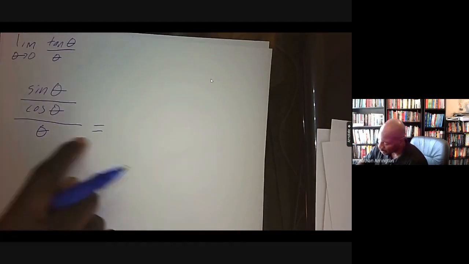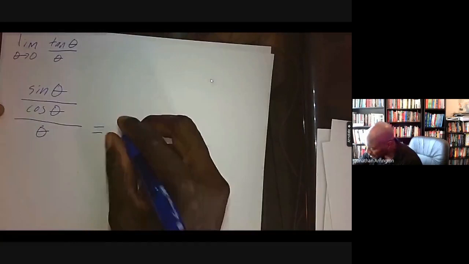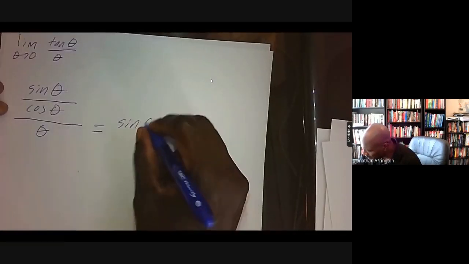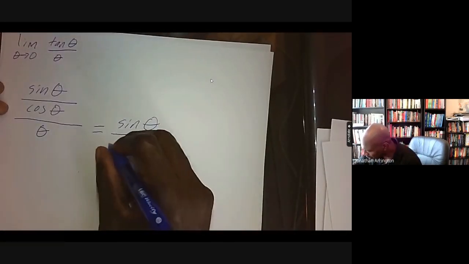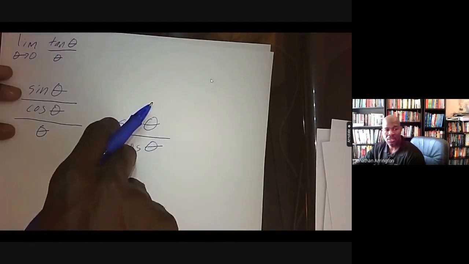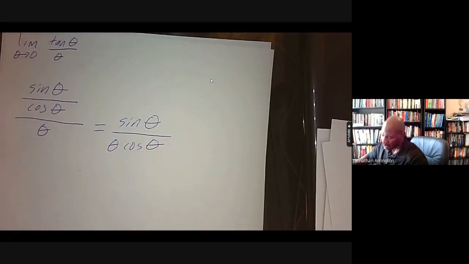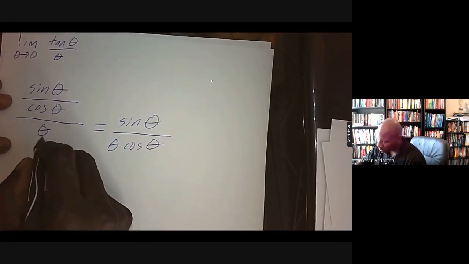But anyway, so what's in my denominator? What I'm dividing by, I can just put in my denominator. So this is the same as sine theta over theta times cosine theta. So that's something you can always do. If you don't understand why I can do that, then you should understand when you divide, you multiply by the reciprocal.